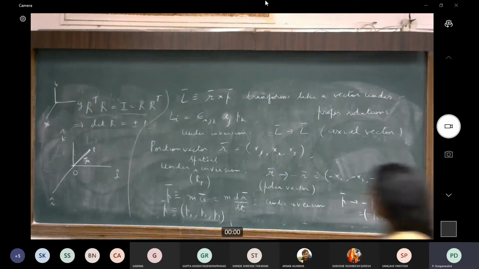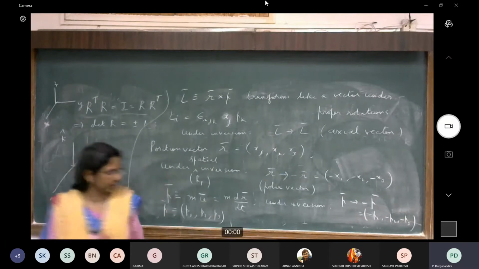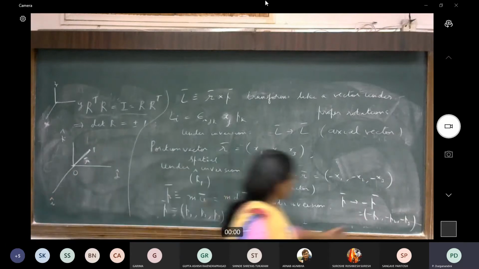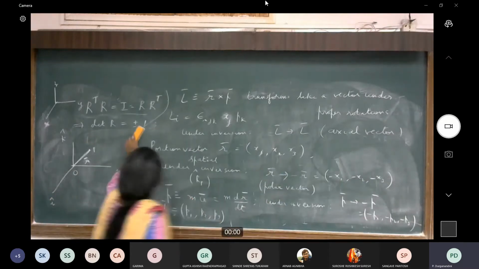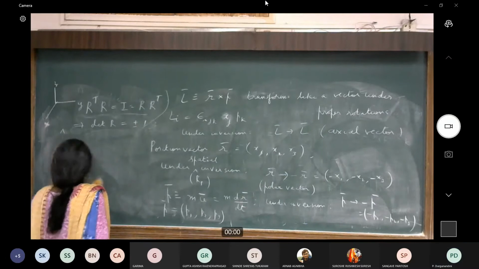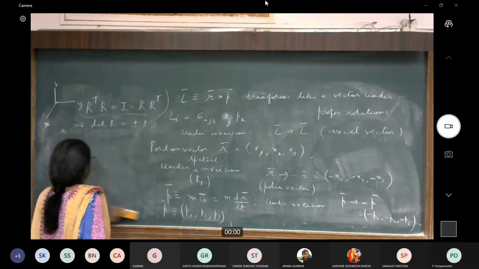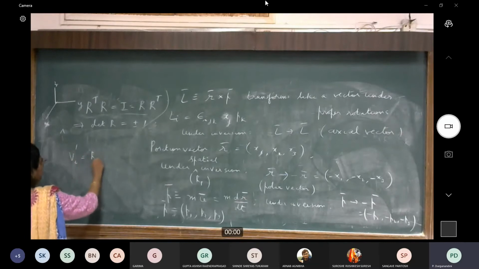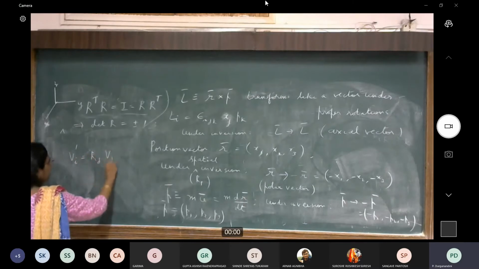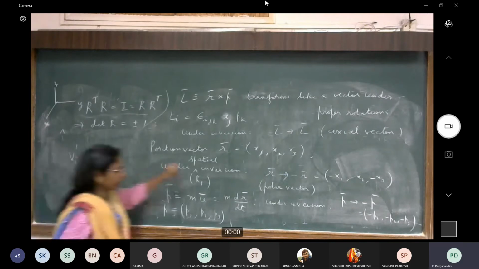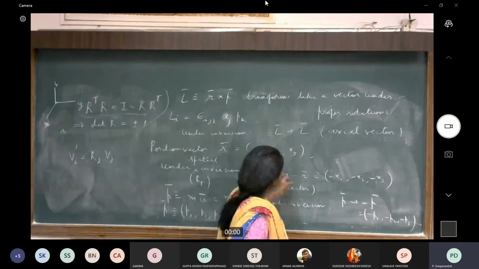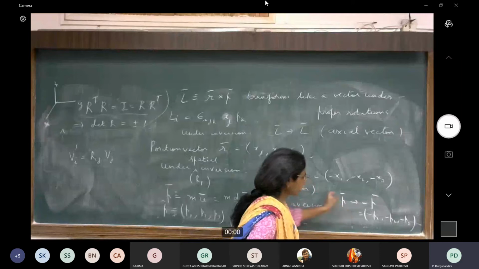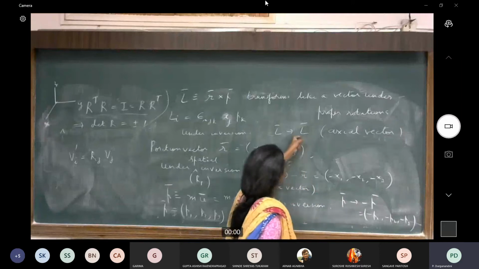Or in other words, if I take proper rotations, they simply transform like V prime i equal to Rij Vj. But under inversion, a polar vector or the position vector changes sign completely, while this doesn't change.